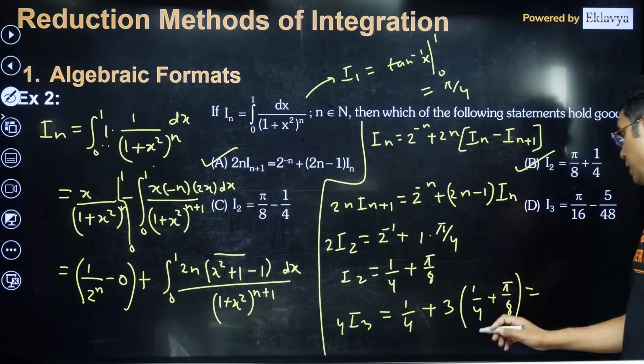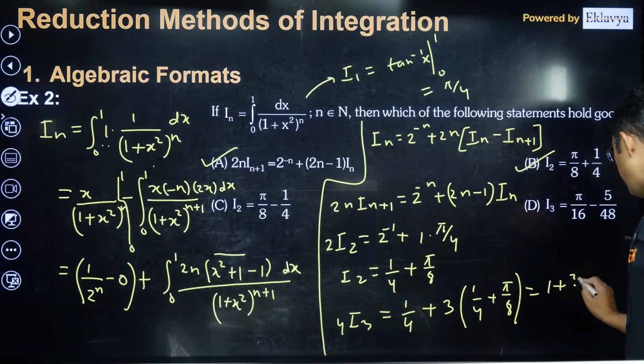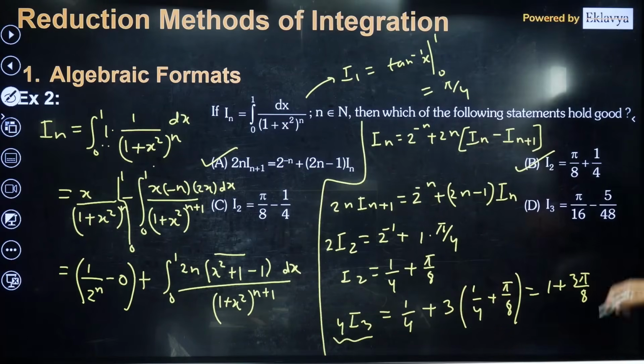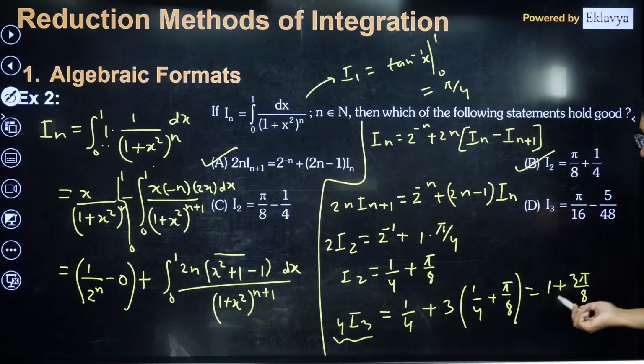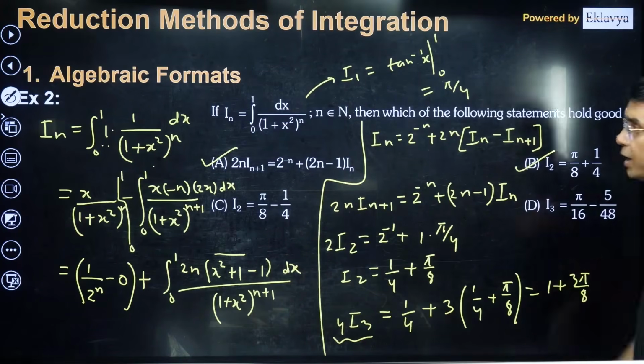So you can write 1 by 4 plus 3 by 4 as 1 plus 3 pi by 8, and this is the value for 4 times I3. If you are looking for I3, it will be 3 pi by 32. I think that option doesn't seem to be correct. So only A and B are correct. You can check the calculation also.